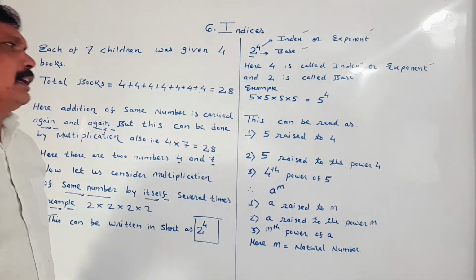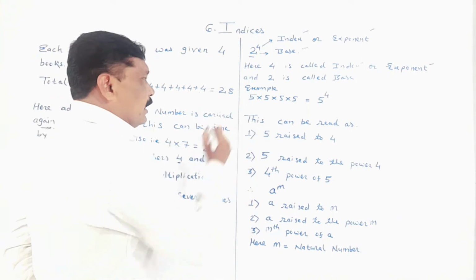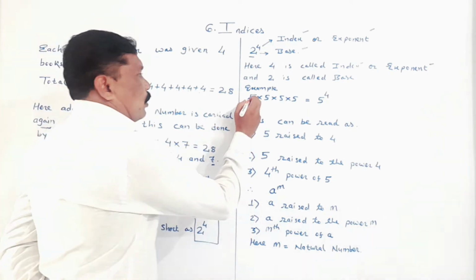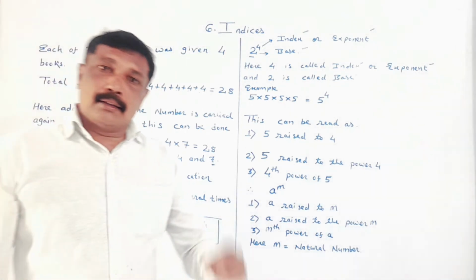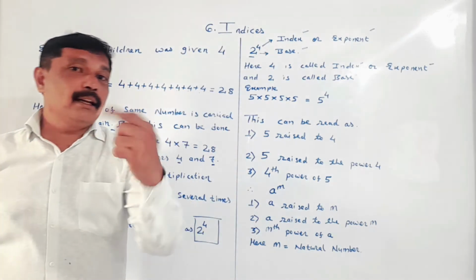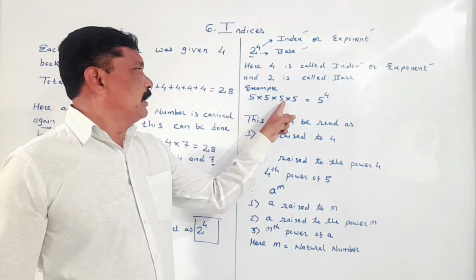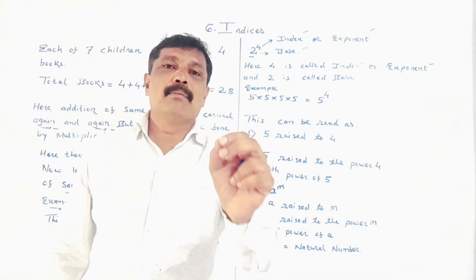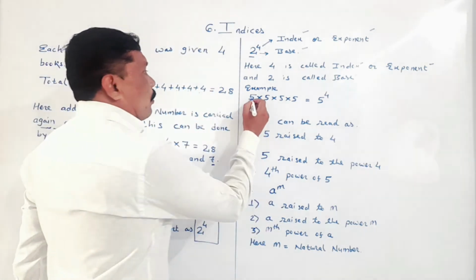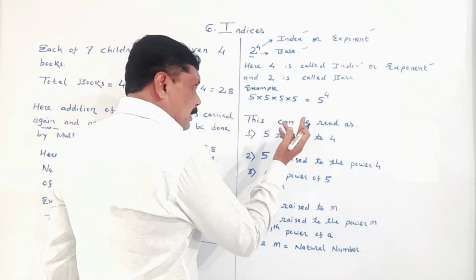One more example we will take. We will multiply the same number again and again. Here we have taken 5, multiplied 1, 2, 3, 4 times. My dear student, the same number is multiplied again and again. Which number is multiplied? 5.